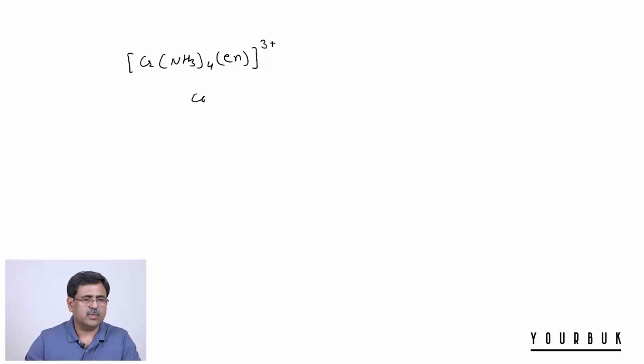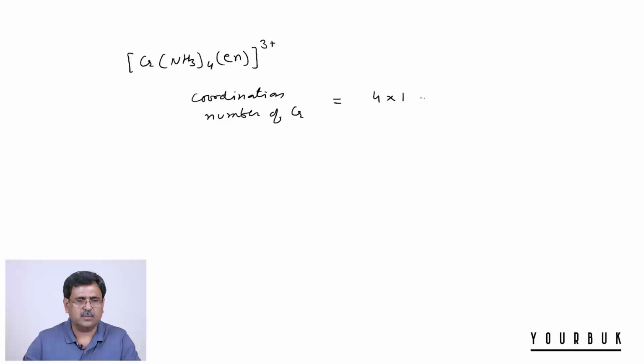So we calculate the coordination number of chromium in this complex ion, equal to 4 ammonia. There are 4 amines present, each with a denticity of 1, plus we have 1 en with a denticity of 2. So this is equal to 6. So the coordination number of chromium in this complex is equal to 6.